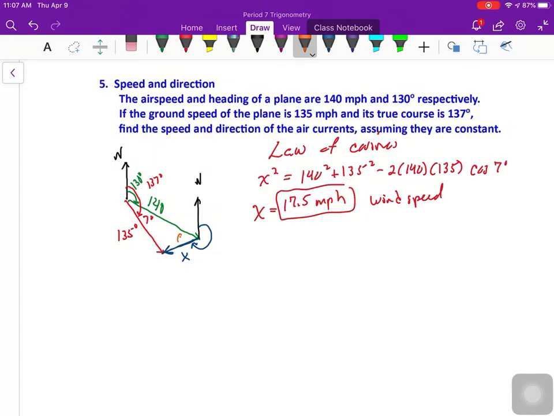Now, as far as the direction goes, to get the direction, let's see. I think we can find the angle theta in the triangle right here. And then I think we'll be able to use that to figure out the direction of our wind. Again, this is the direction of the wind.